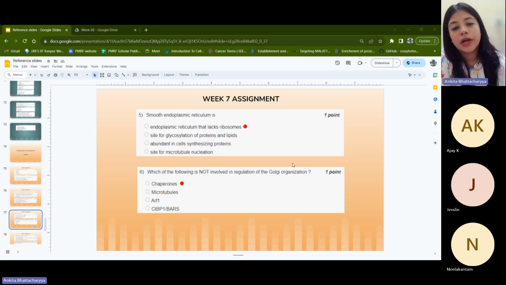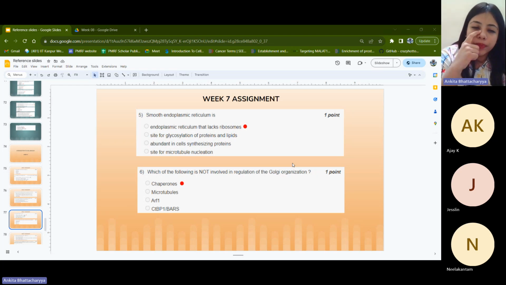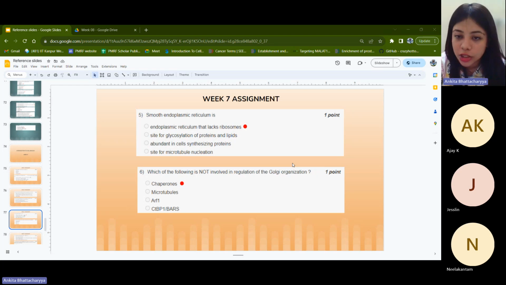In question 6, we were asked which of the following is not involved in the regulation of Golgi organization. So we have chaperones, microtubules, ARF, and CtBP1 or BARS. I think we had looked at the other 3. I'm not sure if we looked at CtBP1 or BARS, but from these options, chaperones are certainly not involved in organization of Golgi.